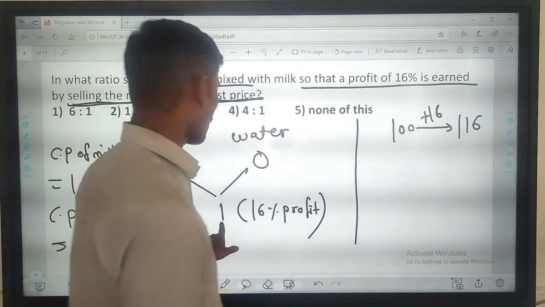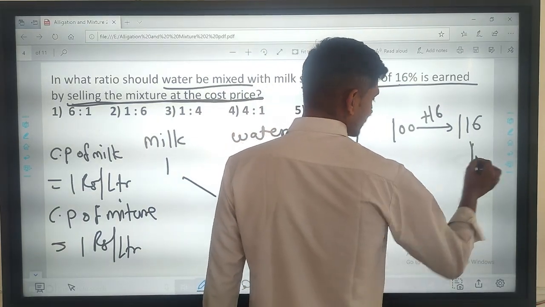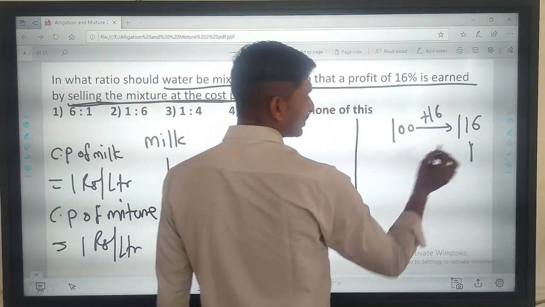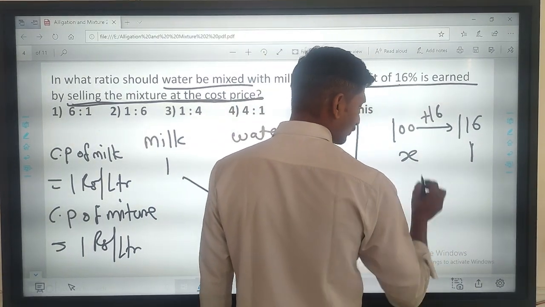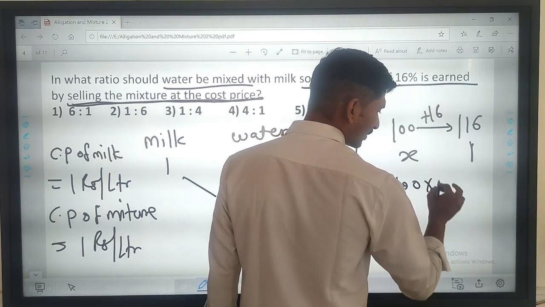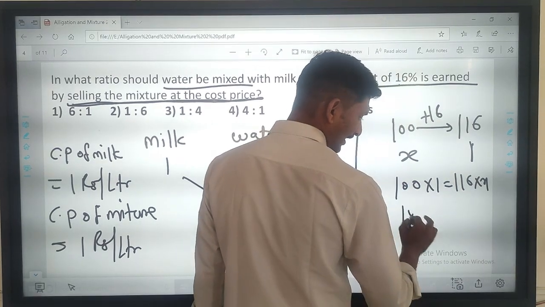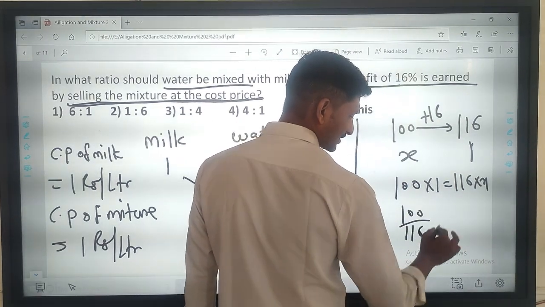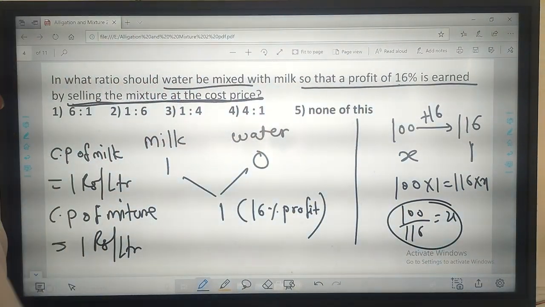The selling price of the mixture is 1. Then we cross multiply: 100 into 1 is equal to 116 into x. So x is 100 divided by 116. This is the cost price of the mixture.